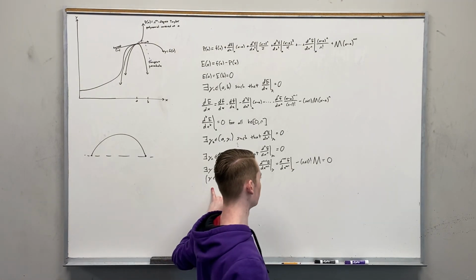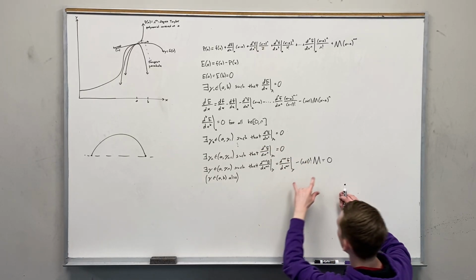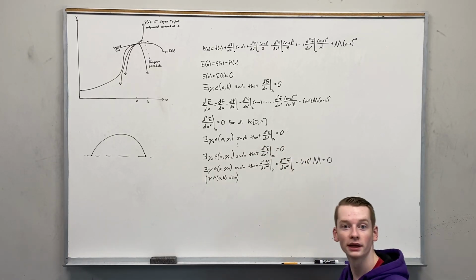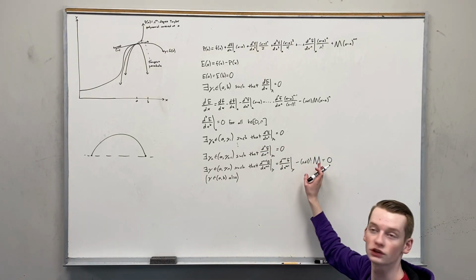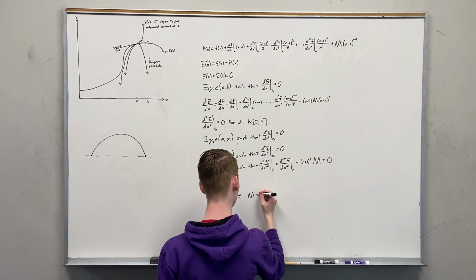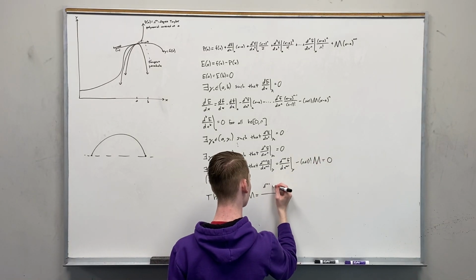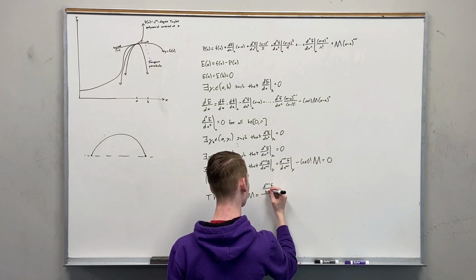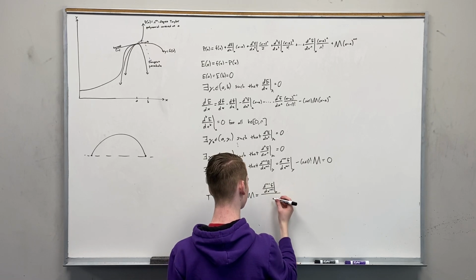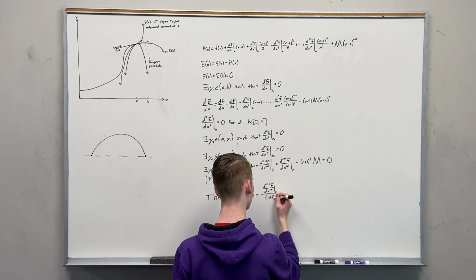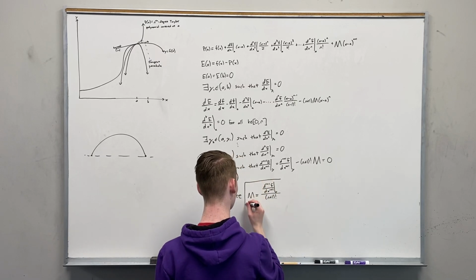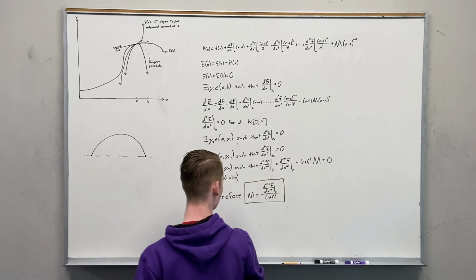So there's some gamma between a and b such that this equals 0, and of course now we can literally just rearrange and solve for m. M equals the n plus 1th degree derivative of f at some gamma in between a and b over n plus 1 factorial. And there is your proof.